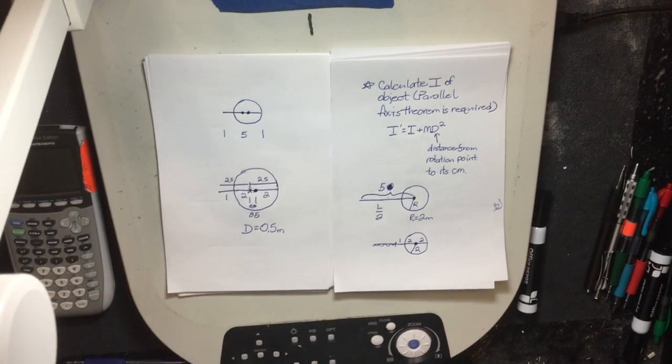So this stick is 5 meters, which means 2.5 and 2.5. The circle is 4 meters across.